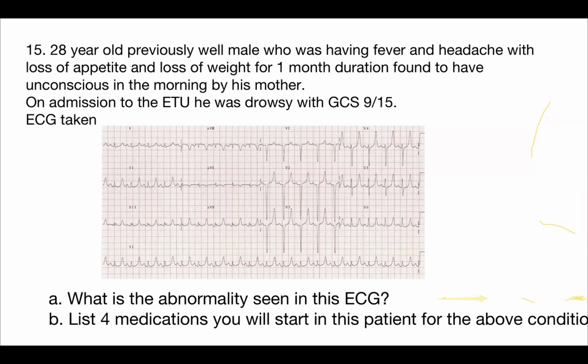So what do we usually think when we see tall peaked T waves? Hyperkalemia. So remember, this is an ECG you should not miss, because the next time the patient might be having sine waves and then it may be peri-arrest. So you have to treat this patient because there are ECG changes caused by this.